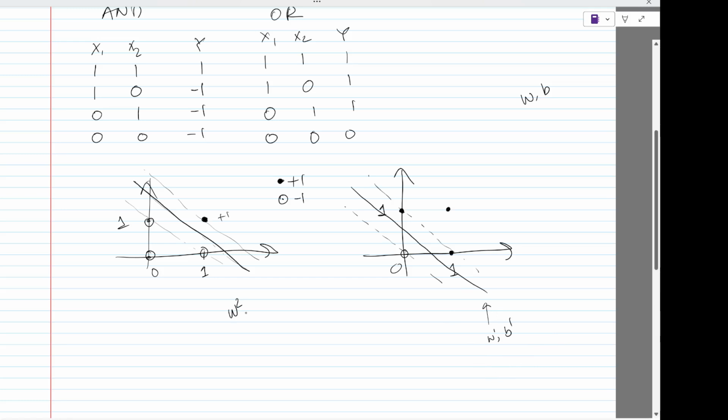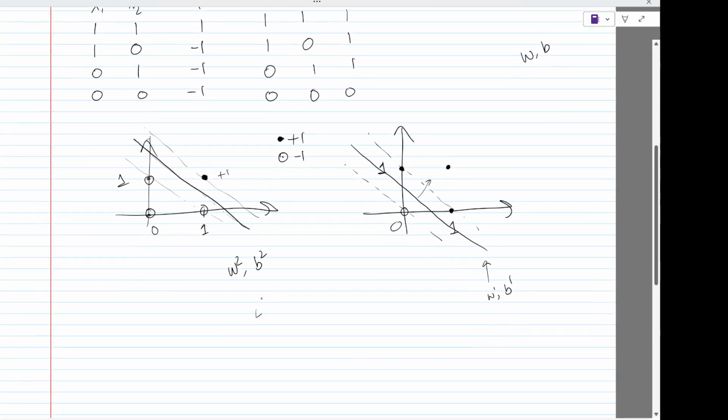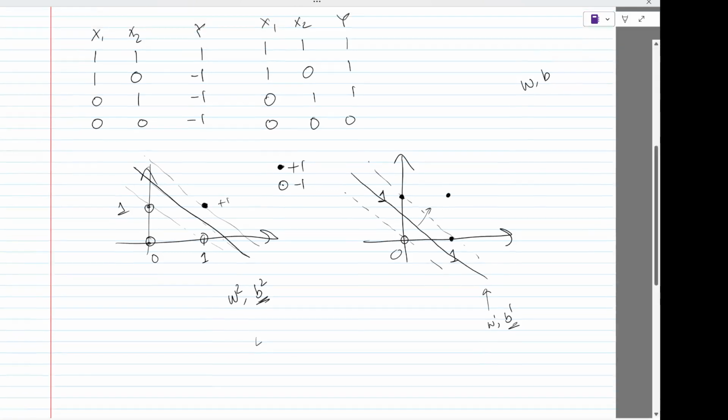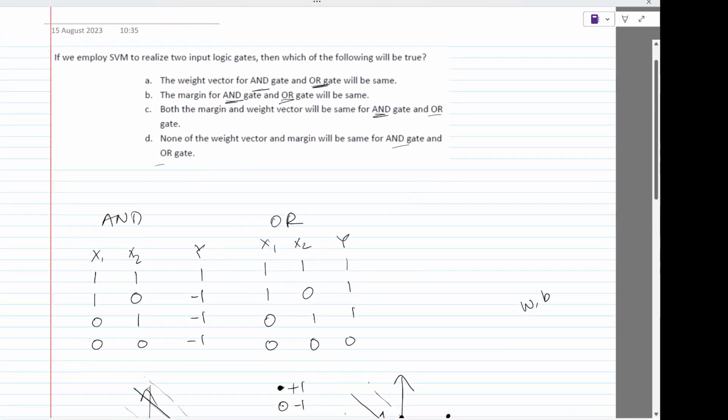Even if this is W2 comma B2, the W vector, which is perpendicular to our decision boundary, may be the same, but the B may be different for these two classes because it is shifted. If you shift this above, then you get the AND gate. So the weight vector will not be same.